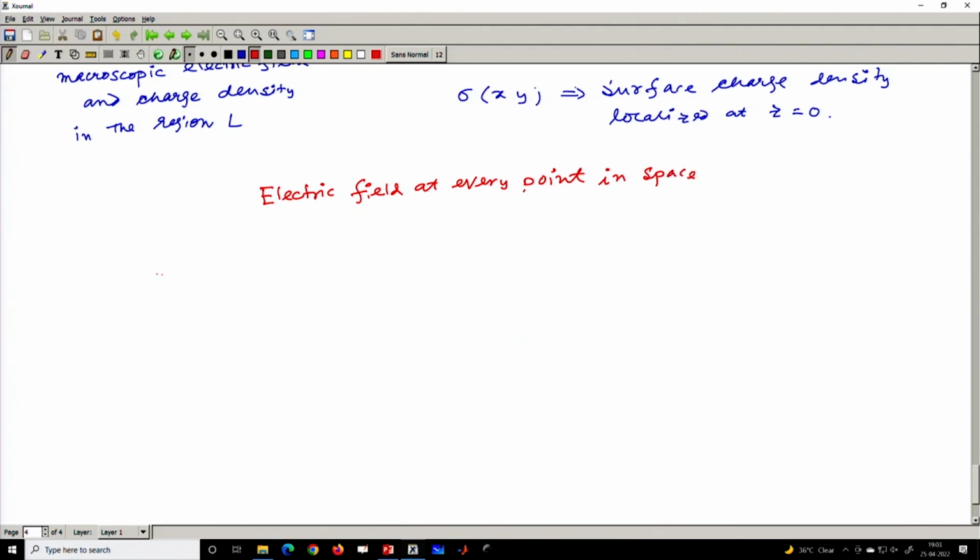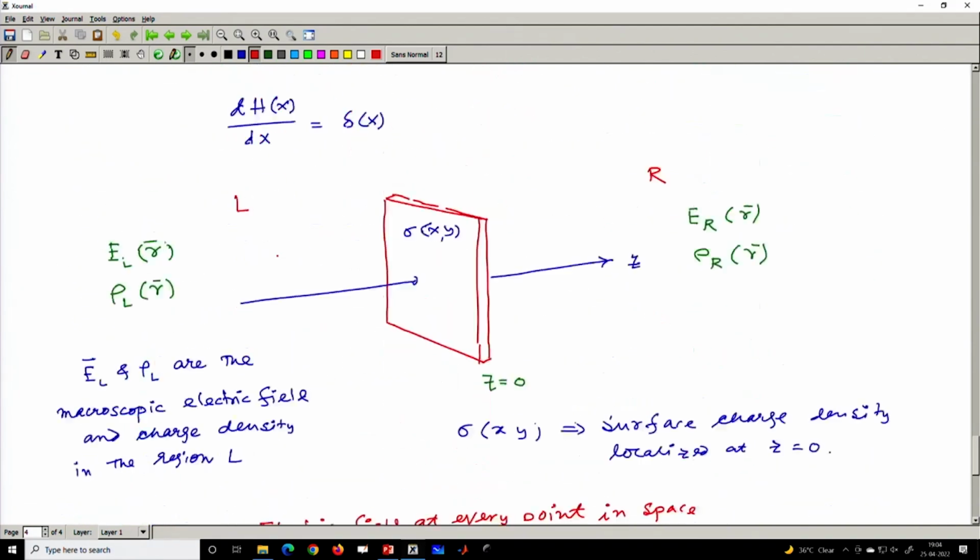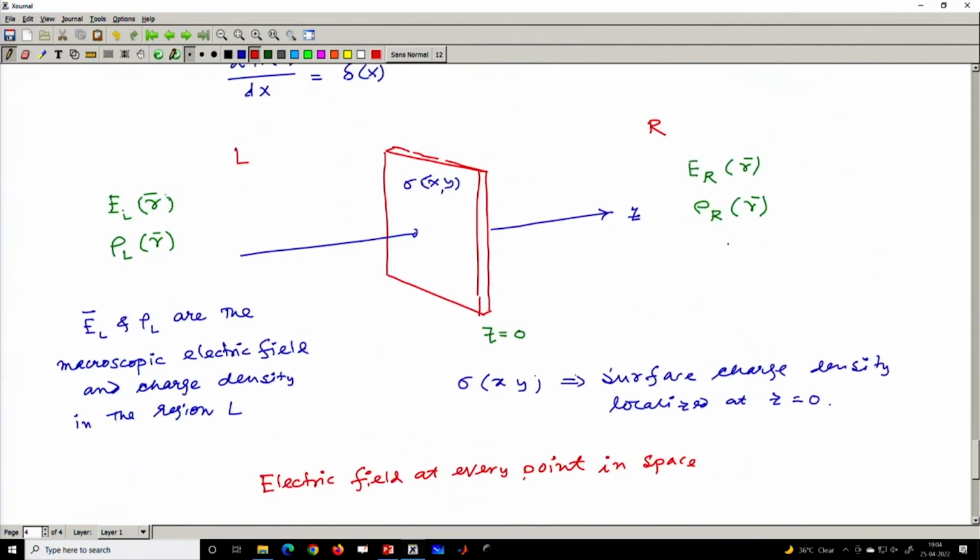The total electric field consists of the electric field on the left hand side and on the right hand side.